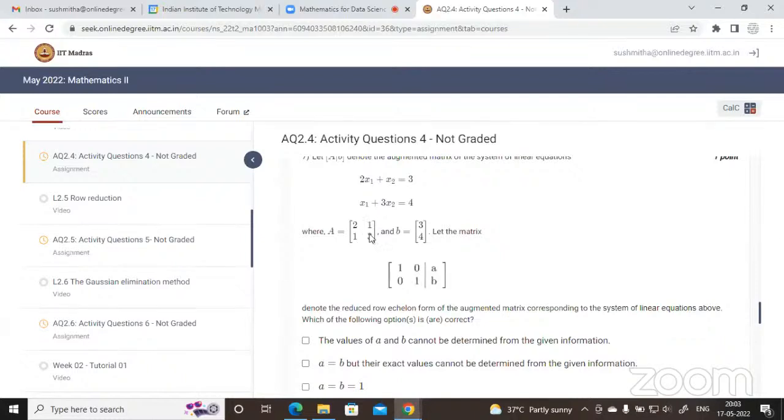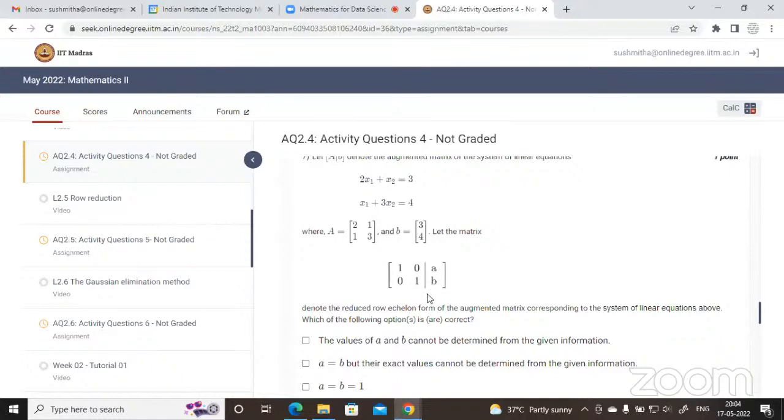See, the given matrix is invertible. 6 minus 1, 5. Determinant is 5. So it is invertible, so the reduced echelon form is going to be the identity matrix, right? How is it possible that when the matrix is invertible, I get the identity matrix? Yes, you are somewhat right. Whatever you do to the matrix A, you'll do for the vector B also.